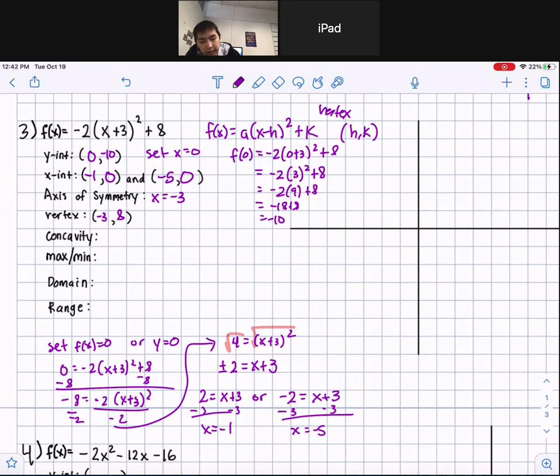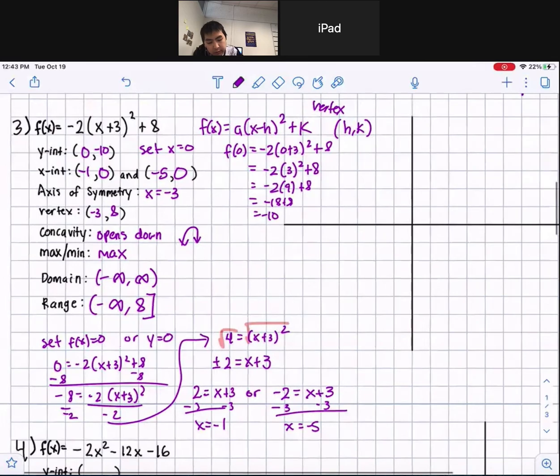Because it's negative, you know it opens down, so you're going to get a maximum. Your domain is negative infinity to positive infinity. For the range, you know it opens down and your vertex is (-3, 8). So the lowest this graph goes is negative infinity. The highest it goes is positive 8, with a bracket.